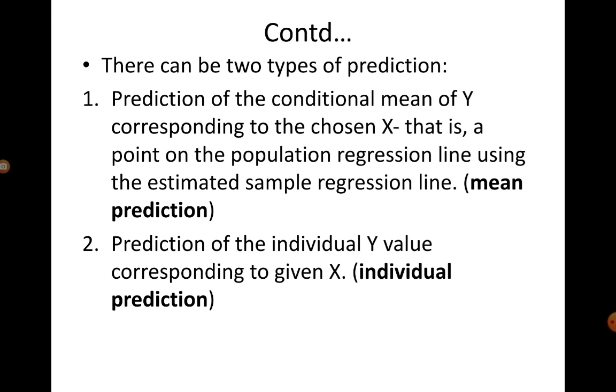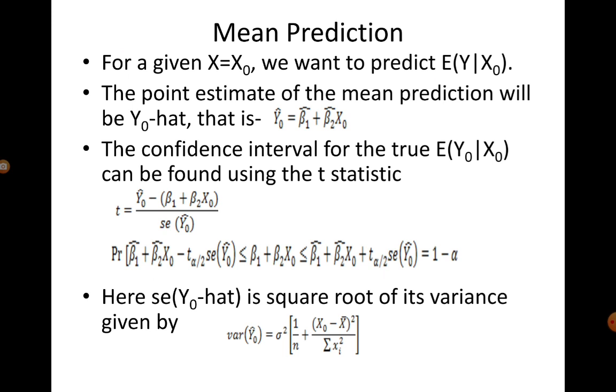This is called the individual prediction. Now, for mean prediction, for a given x equals x naught, you want to predict the conditional mean of y given x naught. Expectation is also read as mean, remember? So you're trying to predict the conditional mean of y given x's value x naught.